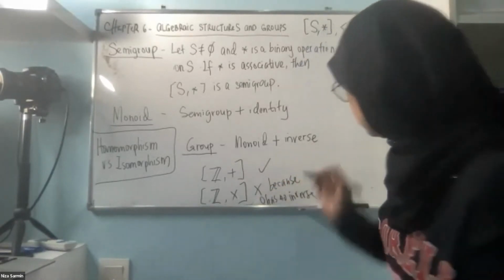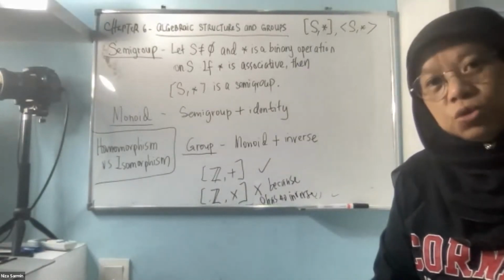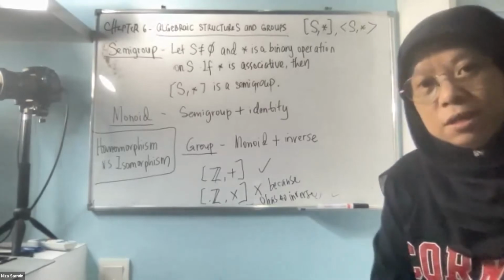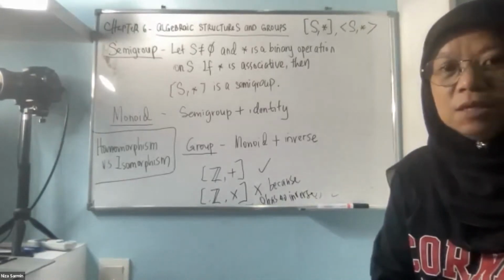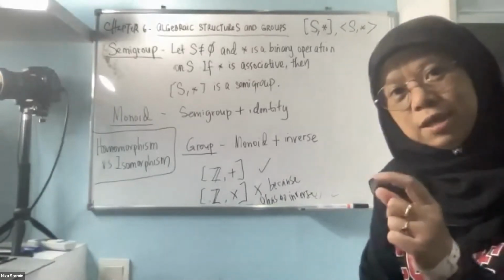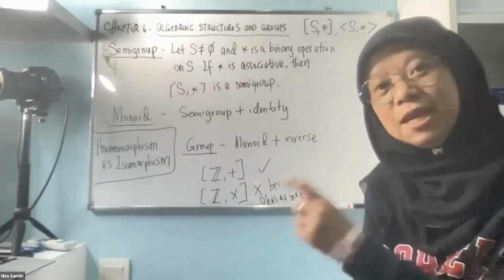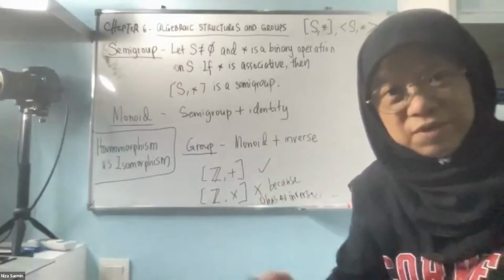No inverse. So no, because 0 has no inverse. That's why just now I said you have to check not only the positive or negative, but you have to check for 0. So the answer is no. When you write out your answer and reasoning, you have to think first. Don't just write from the definition.